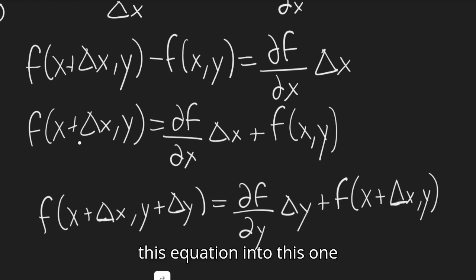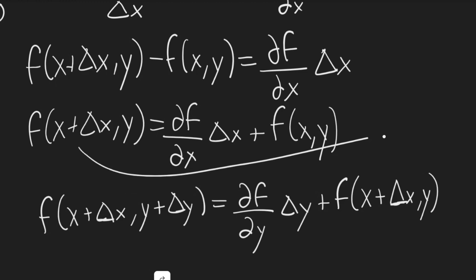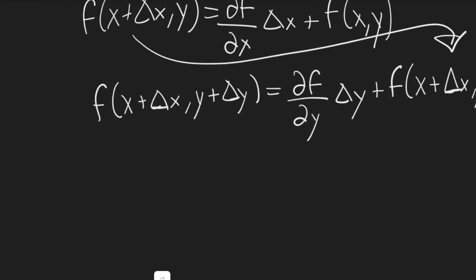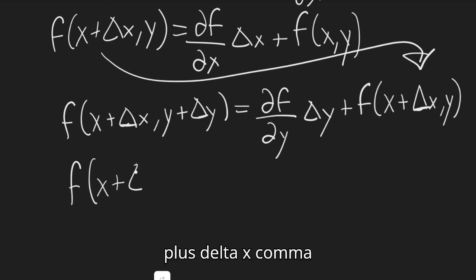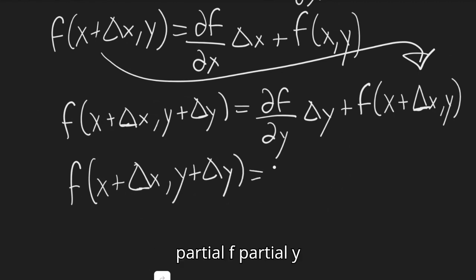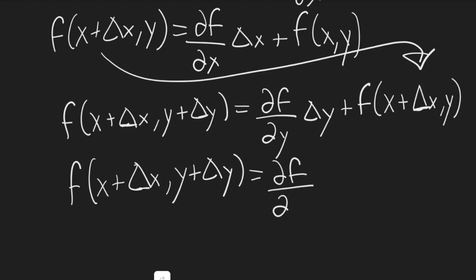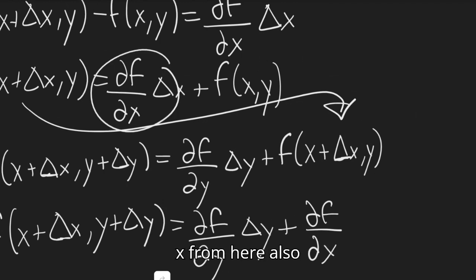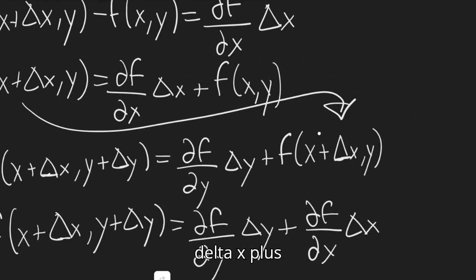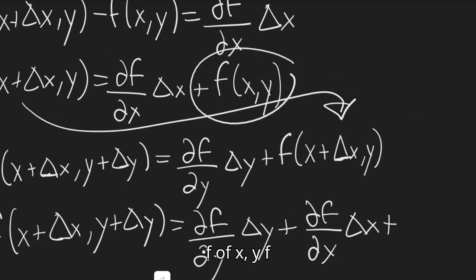So we can plug this equation into this one, and we're going to get that f of x plus delta x, comma y plus delta y is equal to partial f partial y delta y plus partial f partial x delta x plus f of x, y.